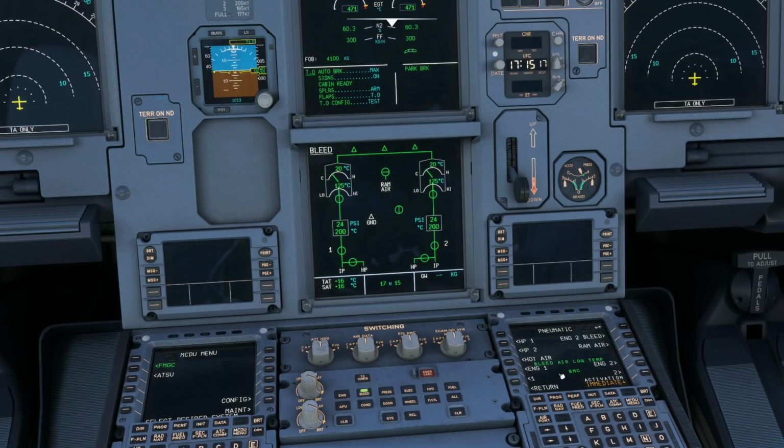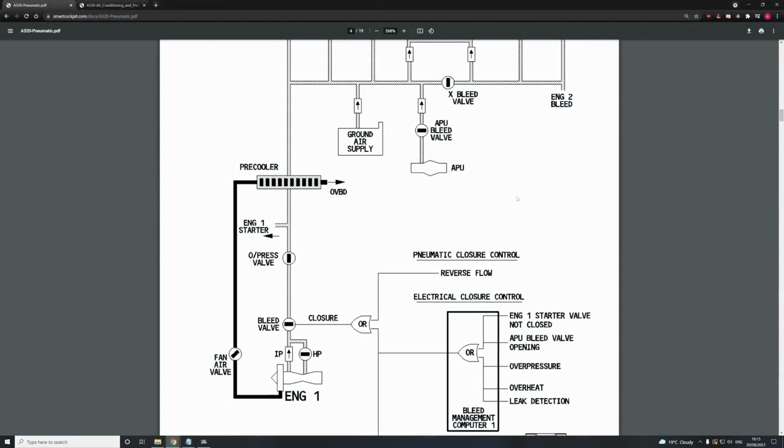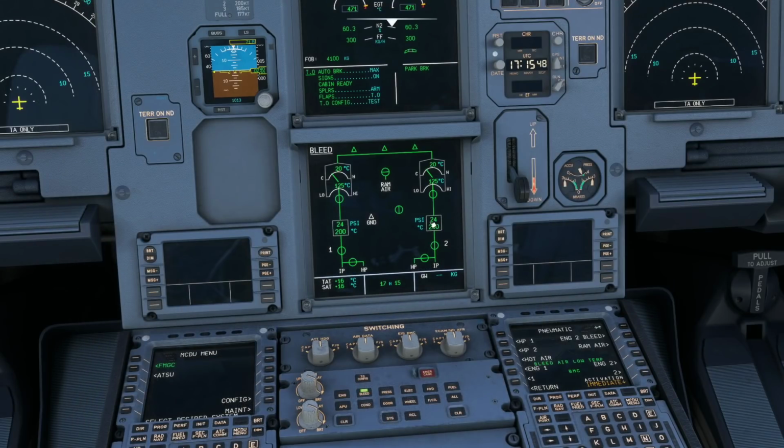So what I can show you now is failing the pre-cooler temperature sensor. Of course the pre-cooler is regulating this temperature right here based on its temperature sensor, the one that I told you about. So if we bring up this diagram right here, there is a temperature sensor right here, and this temperature sensor is giving you this readout.